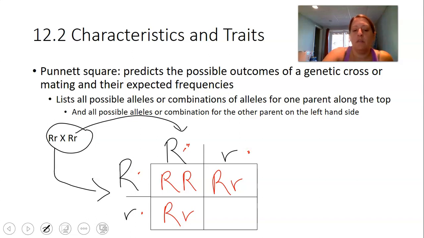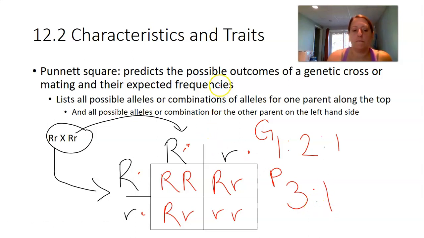And then lastly, if these two come together, we're going to have little r, little r. So for the genotypic ratio, it would be a 1 homozygous dominant to 2 heterozygotes to 1 homozygous recessive. That would be the genotypic ratio. The phenotypic ratio would be 3-to-1 purple to yellow.